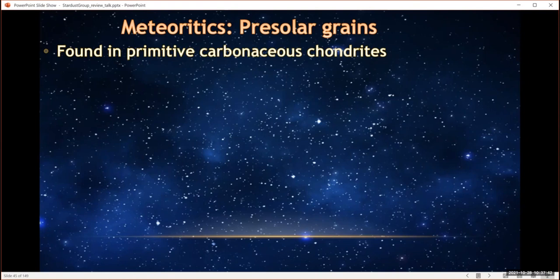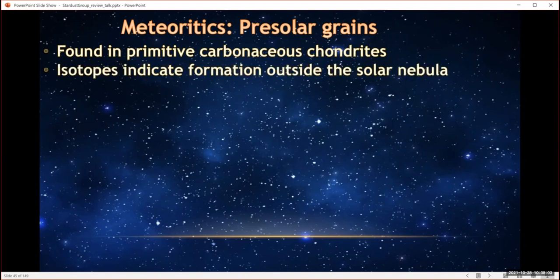And so the material is largely in the same form it was in the early solar nebula. And some of it is in the same form it was before it entered the solar system. So it's the material that existed before the solar system, was there when the solar system formed, and has just got stuck inside of this agglomeration of dust and bits of rock.